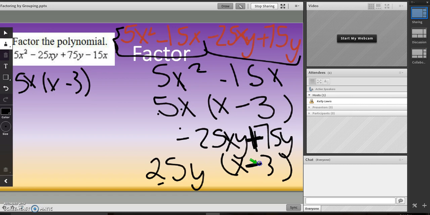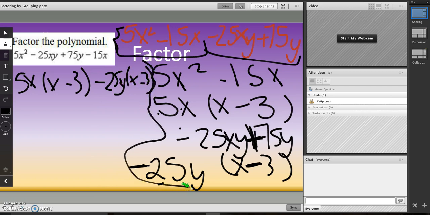So in order for him to be a negative on the inside, he has to be a negative over here, because a negative times a negative is a positive. So over here I'm going to write negative 25y, x minus 3. Sorry. I'm a great teacher. I'm just not organized.